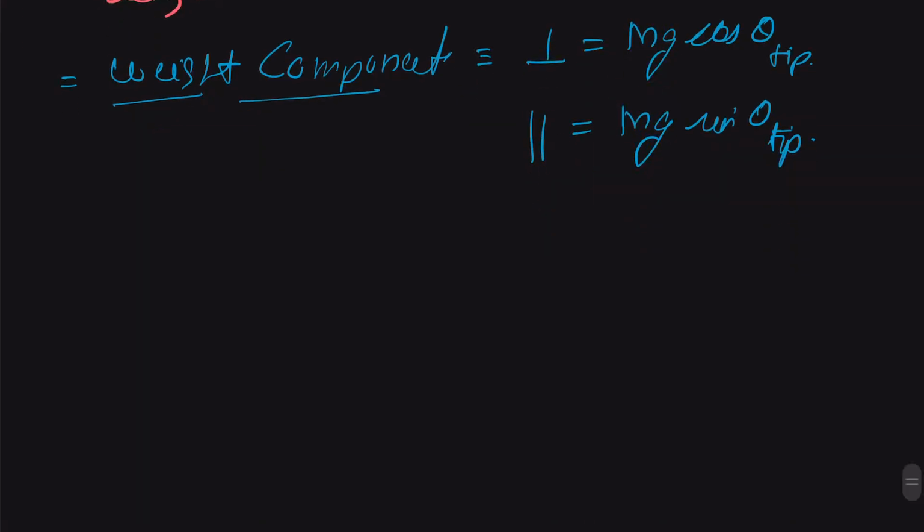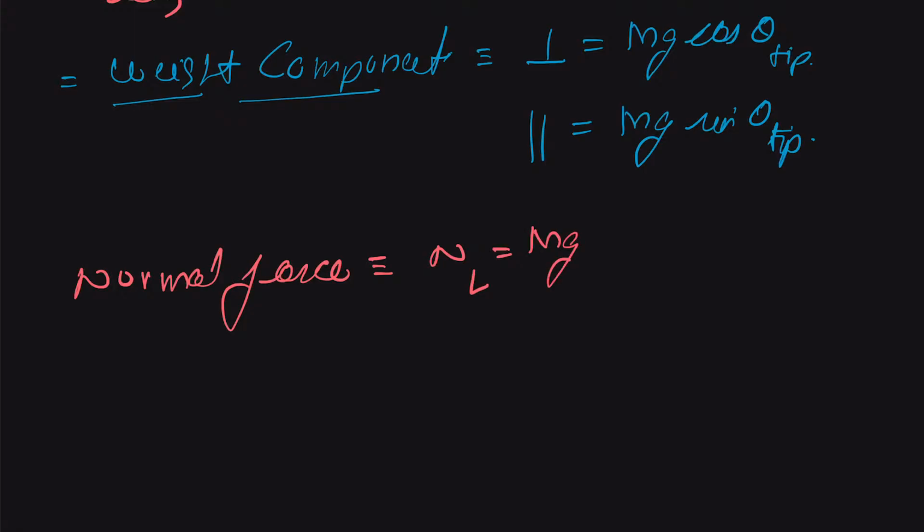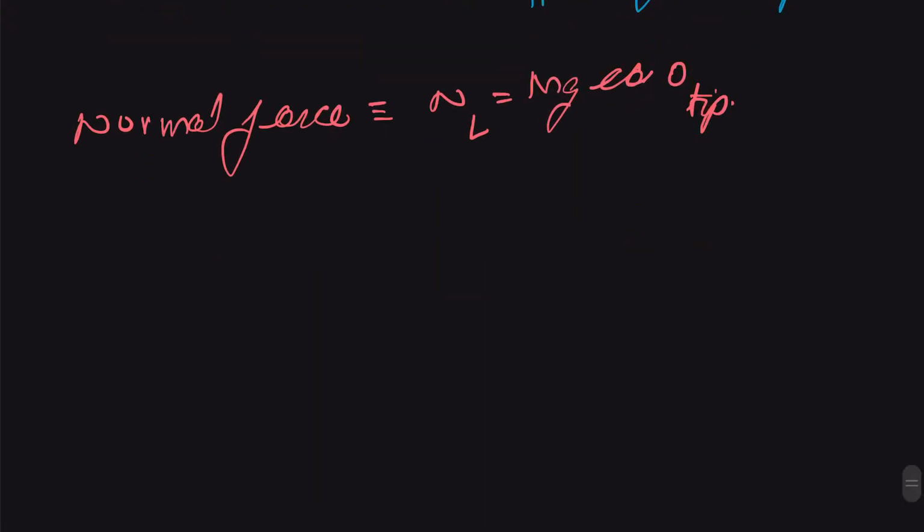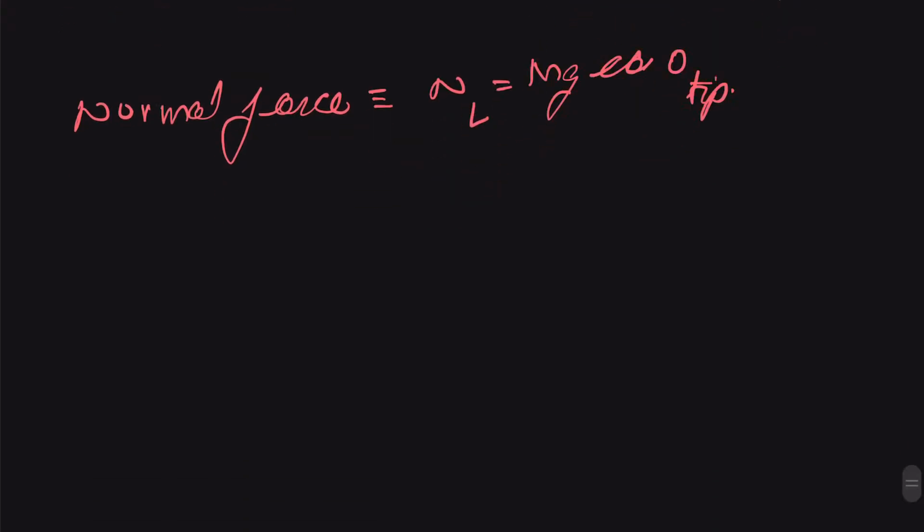And then we have our normal force. At tipping angle, we know that the normal force at the lower end will be equal to mg cos of theta tipping angle.